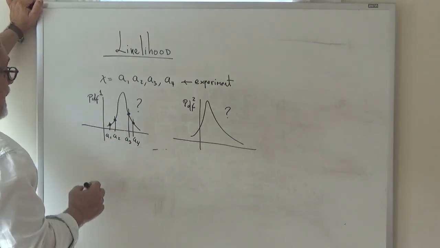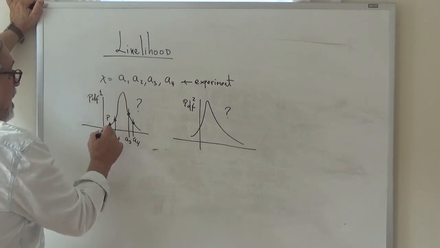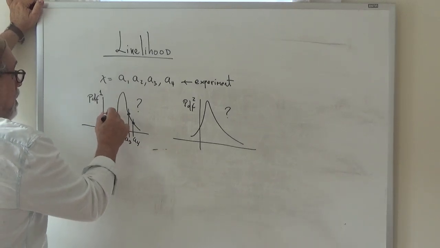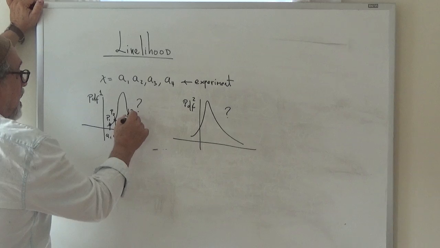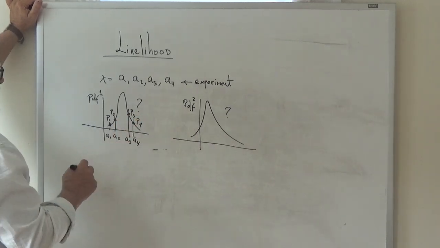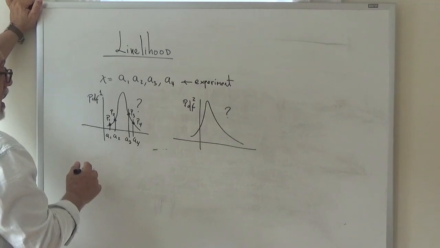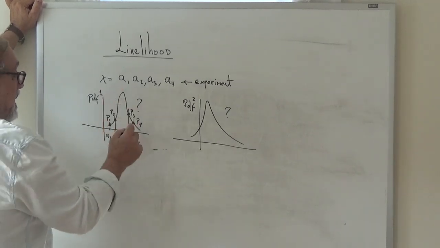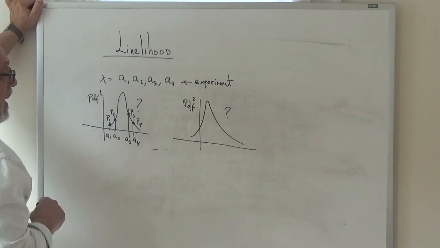Let's call them P1, P2, P3, and P4. And let's say that those are the probability densities associated with the values here.